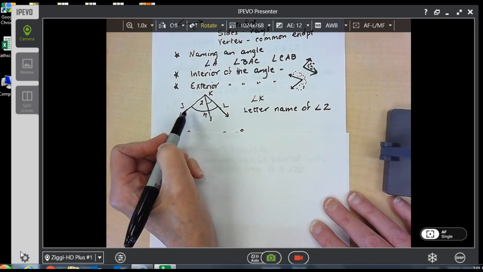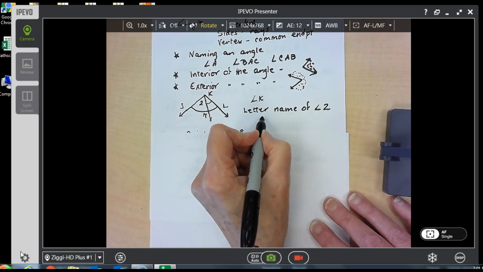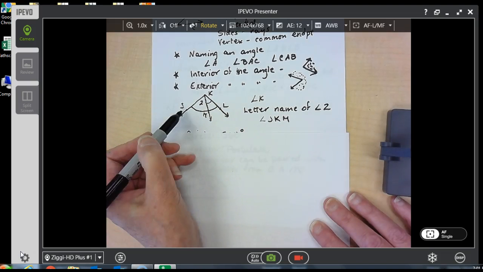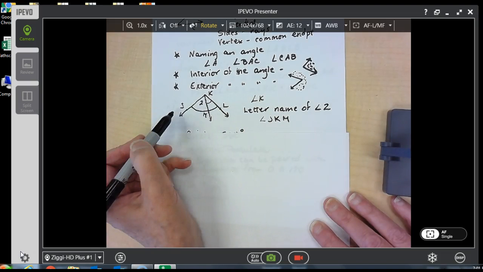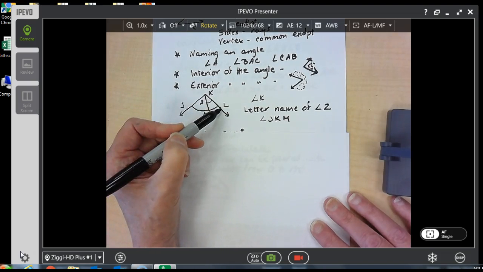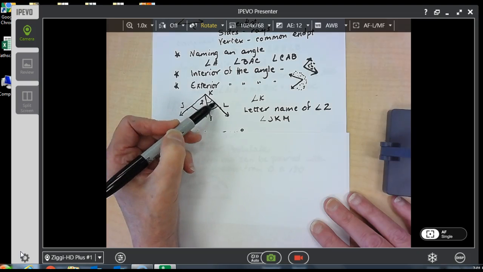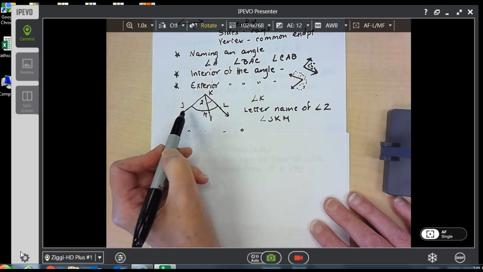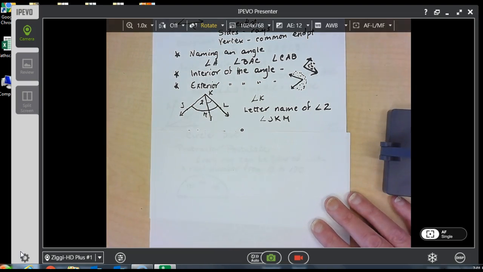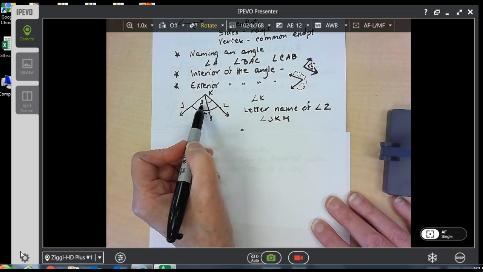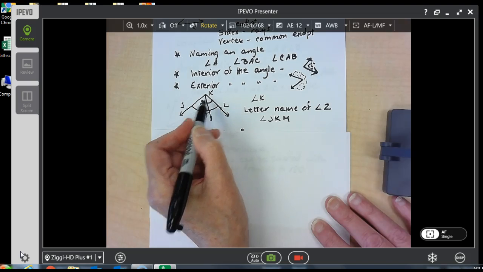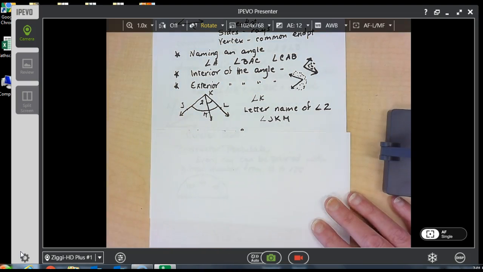If I look here, my angle name is angle J, K, M. So J to K to M. You should be able to follow your letters and make the angle. The other angle over here, MKL or LKM. And then the whole angle JKL. So they can label them different ways. You can use a number in there. They can also use little arcs to show what angle they're talking about.